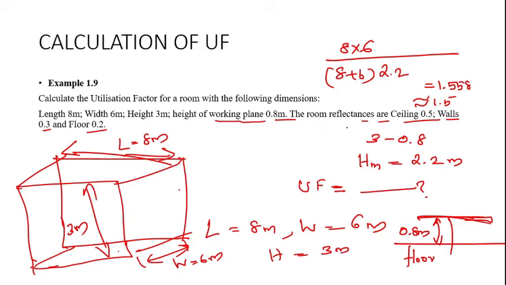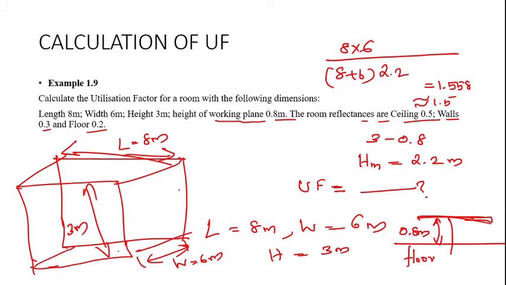See, in the ceiling it is 0.5, walls 0.3 and floor 0.2. That means 0.5 means 50%, 0.3 30%, 0.2 20%. So that much reflectance is contributed by the ceiling, wall and floor respectively.